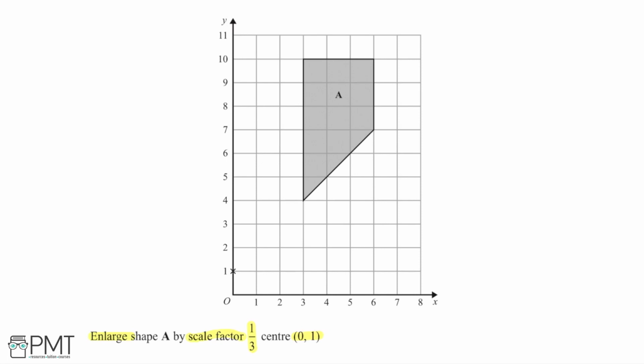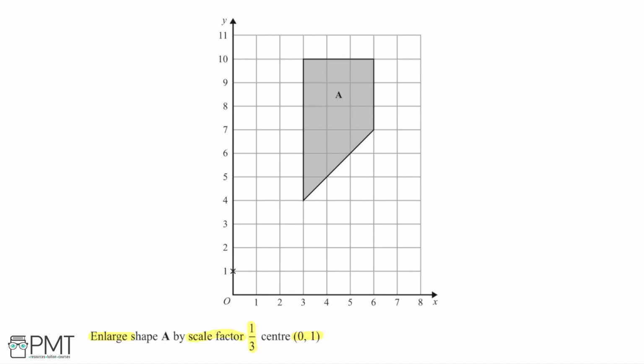We're also going to be looking for a shape in the same sort of orientation, so it's going to look like shape A. It's going to just be a bit smaller and in a different place. Because there's not a negative scale factor, it's not going to be in another quadrant, it's not going to be flipped, it's going to be the upright image, just a third of the size in a sense.